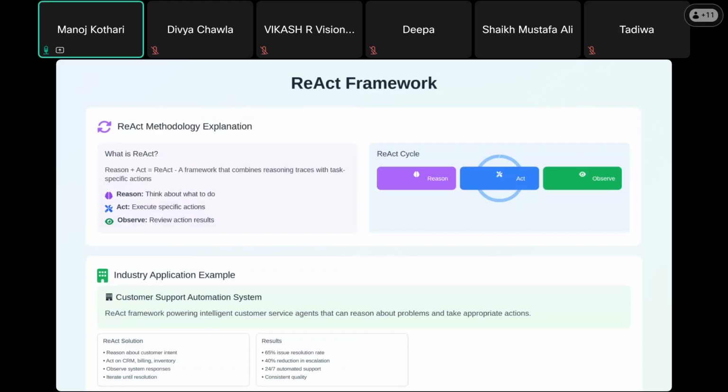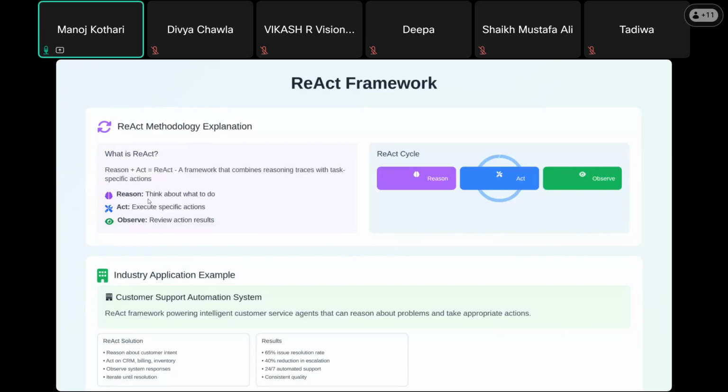So we are giving a thought to AI, and we are asking AI, okay, based on this thought, do your action. Correct? This ReAct methodology is similar to what we are doing in chain of thought prompting.